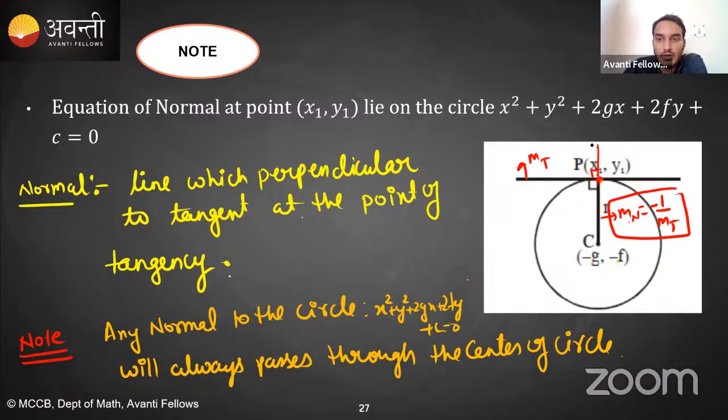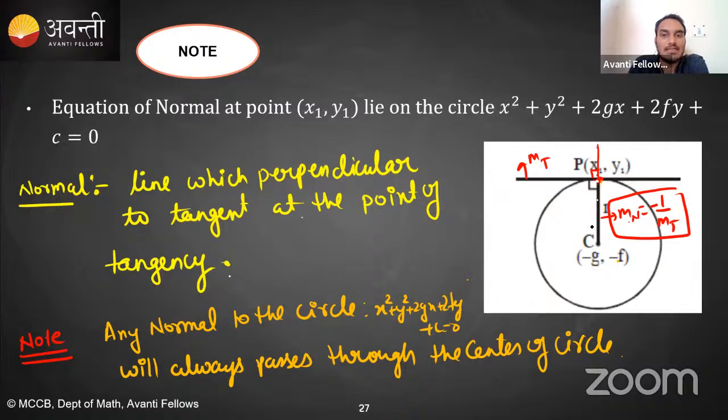If I want a line which is normal, passing through the point x1 comma y1 and perpendicular to the tangent, I can write it down easily. But I also have the information that this line will also pass through the center of the circle, which is minus g comma minus f.